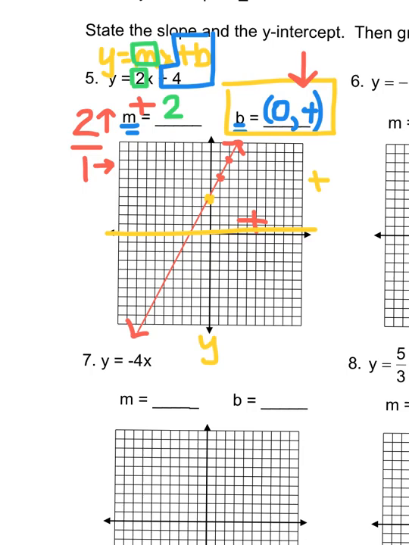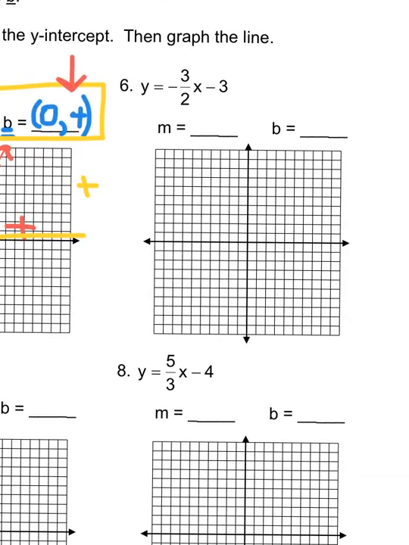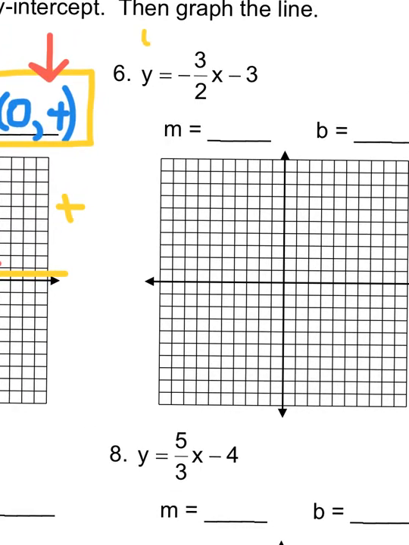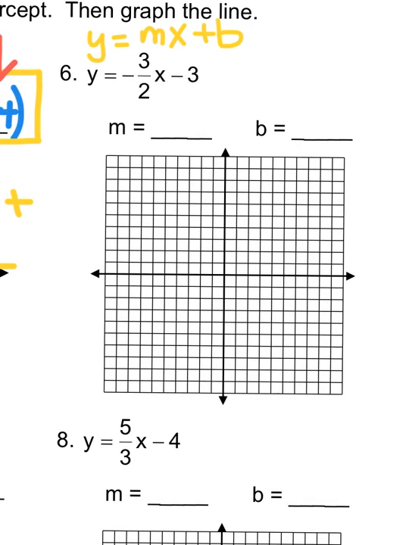Let's go on to number 6. Number 6, you may want to remind yourself that y equals mx plus b. We'll start with the y-intercept. The y-intercept is the point where the line hits the y-axis.